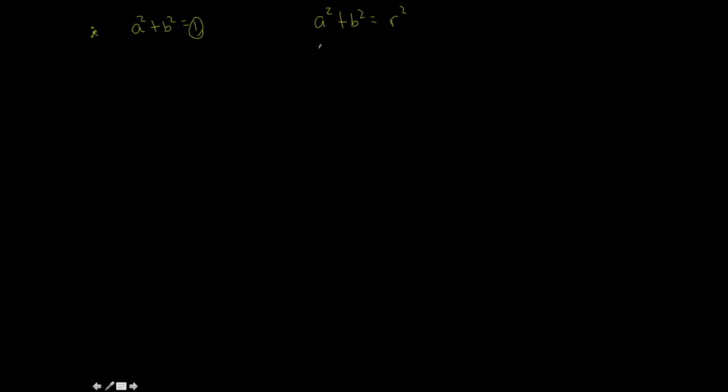But if we solve this for r, we get the square root of a squared plus b squared equals r. So this allows us to find that missing radius. Remember I told you the 1 on the bottom would change. So what's this mean for our point here? Well, with the unit circle, we have the point a, b.